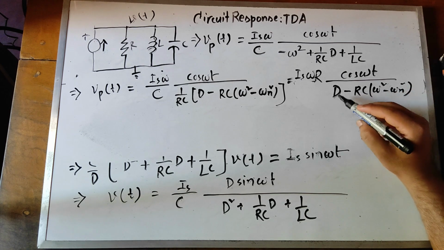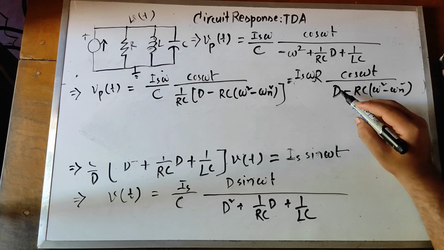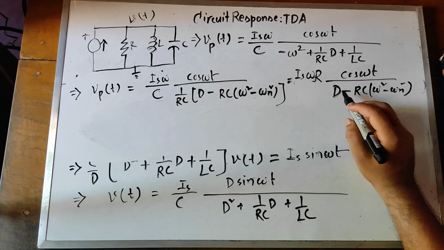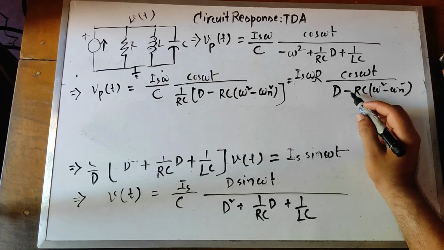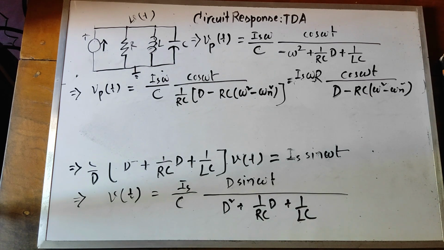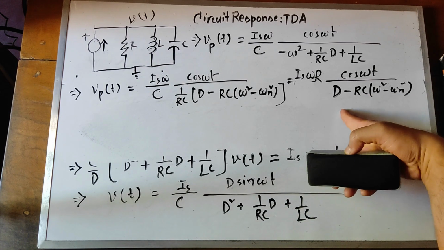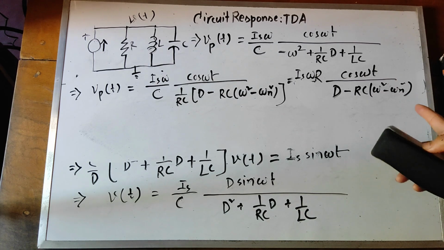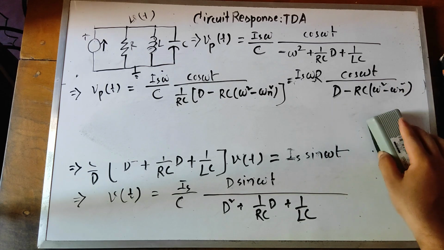So if I want to remove this D, I have to get the D squared term like this. So I have to use D plus RC omega minus omega square minus omega n square to get the D squared term.